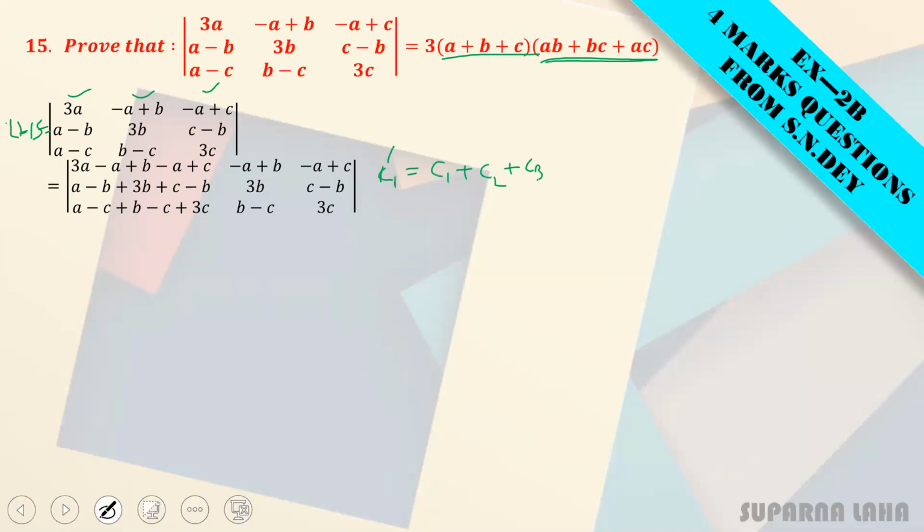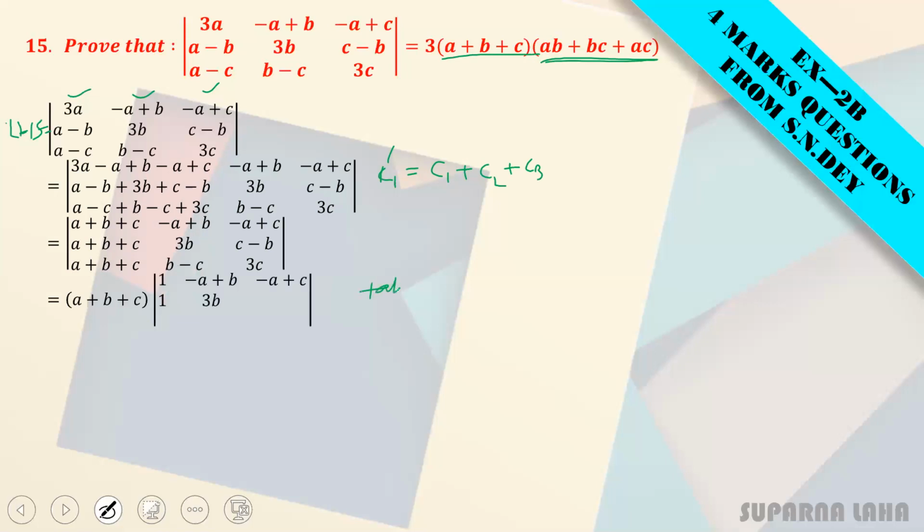Okay, so after applying this operation, write down the value a plus b plus c, and now take common this a plus b plus c from C1.